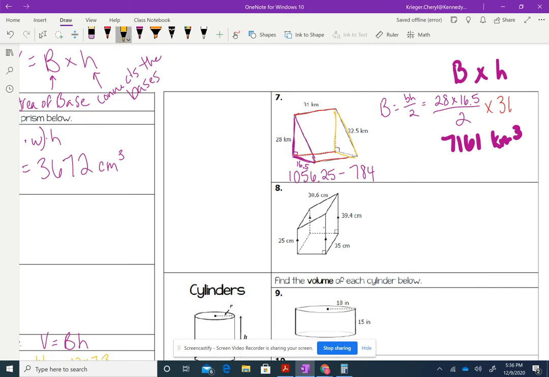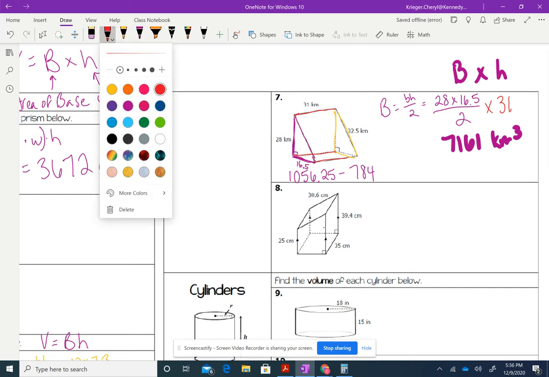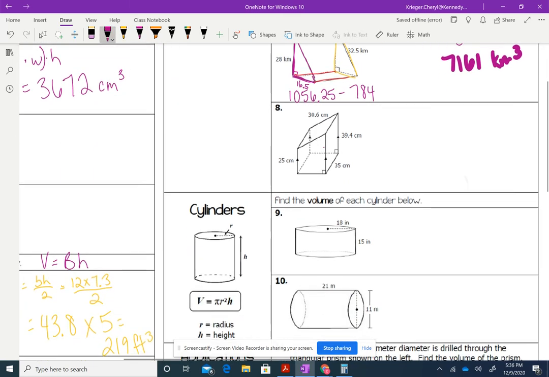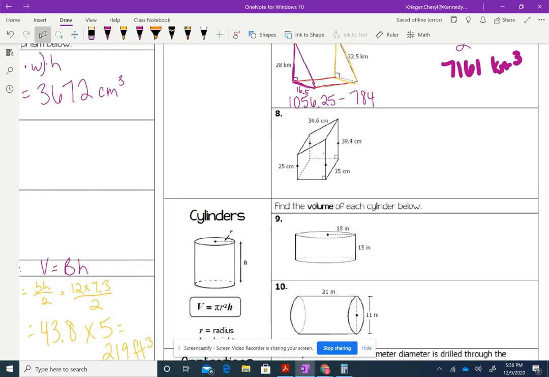Okay, and number 8, I have a trapezoidal prism, also not laying on its base. So here's my trapezoid. I have to find the area. Volume equals the area of the base times height.